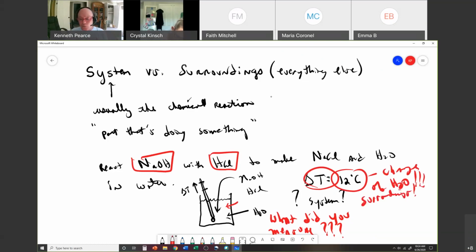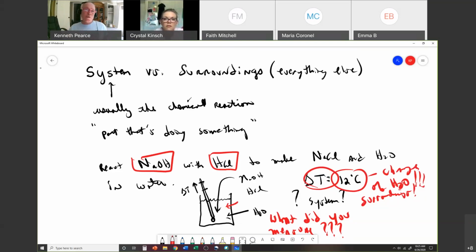We're going to do a lab, as a matter of fact, where we measure temperature changes of solutions that we mix together. One of the important things is we have to keep straight what we are actually measuring. Well, we're actually measuring the amount of energy released by the sodium hydroxide and the hydrochloric acid reacting together. That's what we're measuring.